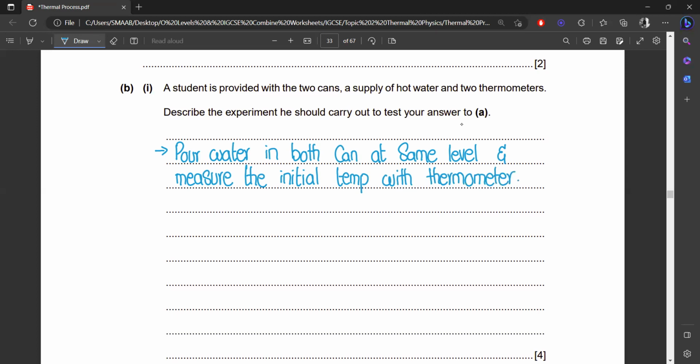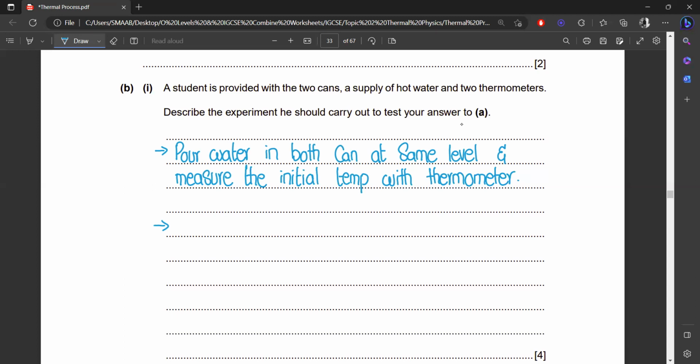Okay, what will be the next? We measure the time using a stopwatch. Okay, but we do not have a stopwatch in our apparatus. And the next important thing is that the thermometer should not touch the walls of the can, right?